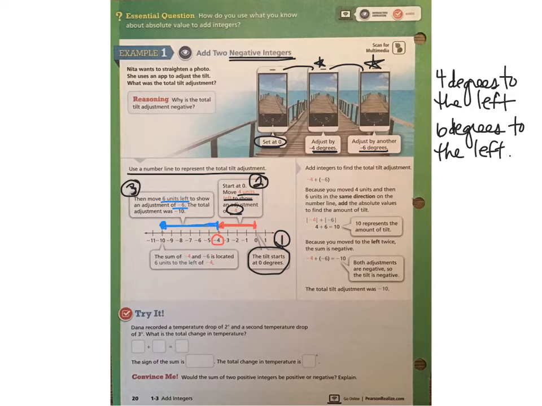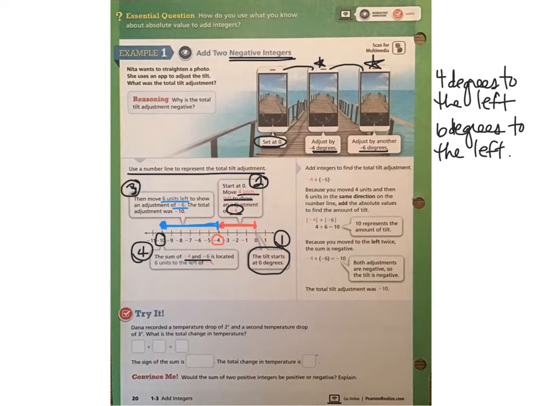That's with the blue arrow. And the question is, where does she end up? Well, she ends up at a -10, which is the sum of -4 and -6. So we always start at the first integer, in this case -4, and then we move according to where the second integer tells us to go. Negative numbers go left and positive numbers go right.